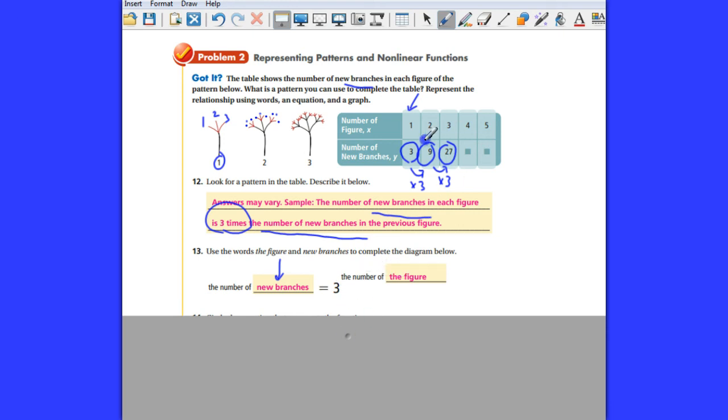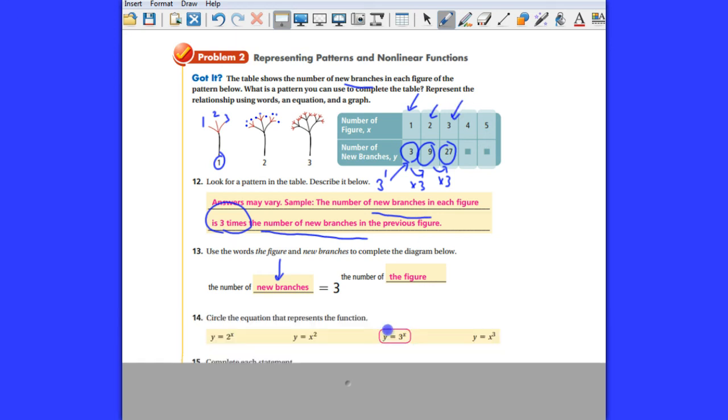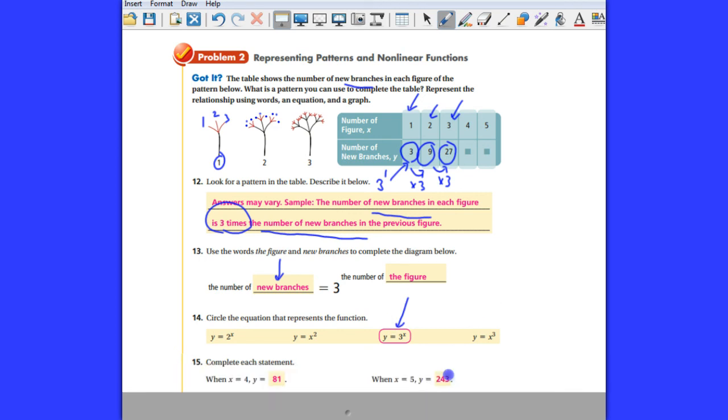Okay, so if we could write it like x and y, we could turn that into a math equation because this is 3 to the power of 1. Okay, the 9 is 3 to the power of 2. 27 is 3 to the power of 3. So we could actually write that function as the equation y equals 3 to the x.